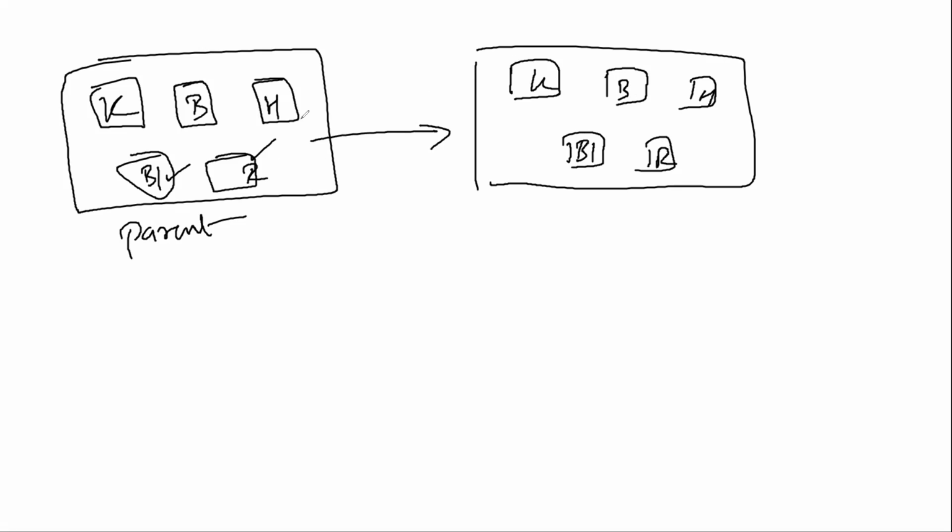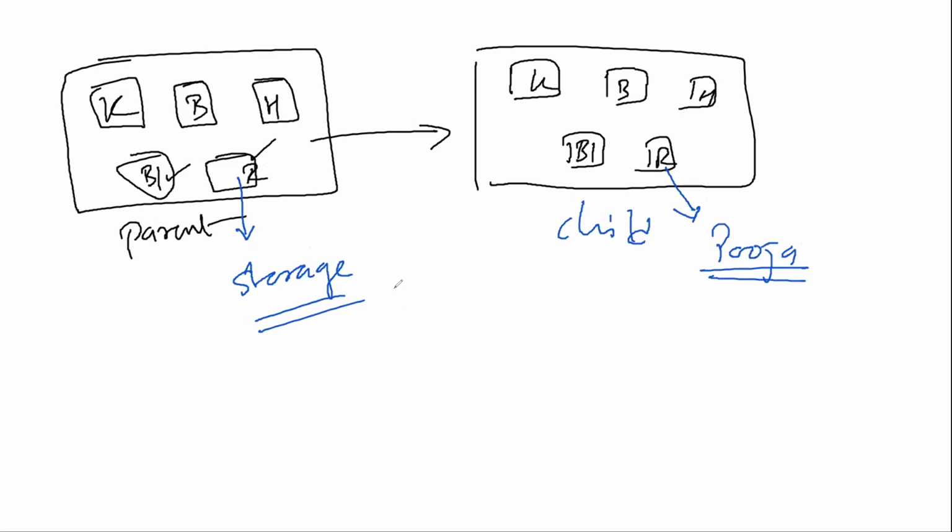Now this is the parent and this is the child. This person is using the extra room for storage. This person is using the extra room for puja, for example. What is happening? Same design, same room, everything is the same.